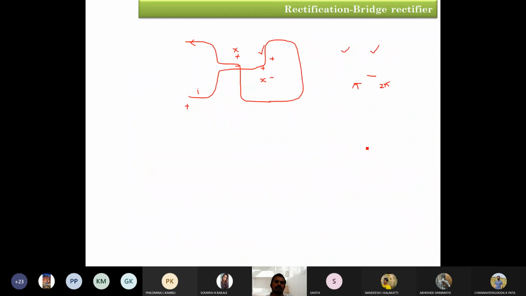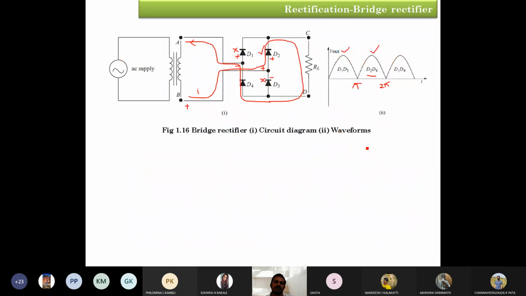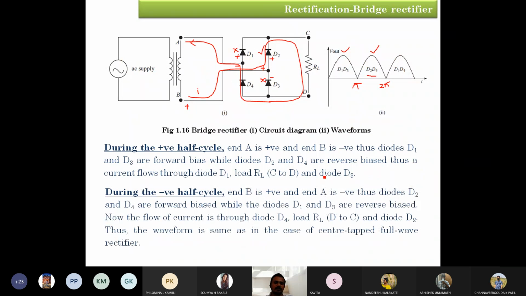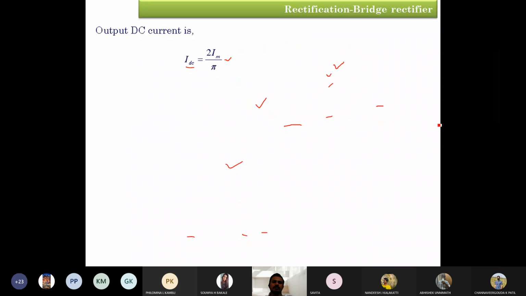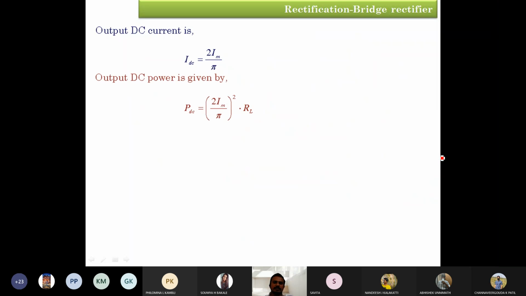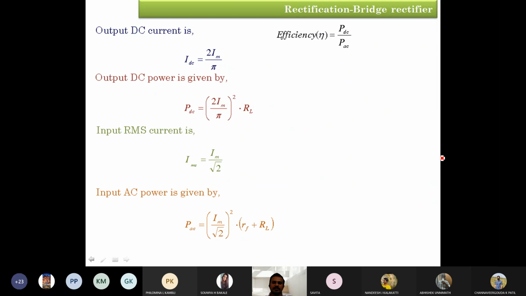Then the concept of the bridge rectifier, once again during positive and negative half cycle of the circuit, and how the bridge rectifier is designed by using 4 diodes. Okay. Then the concept of the ripple factor and efficiency of full wave rectifier circuits.